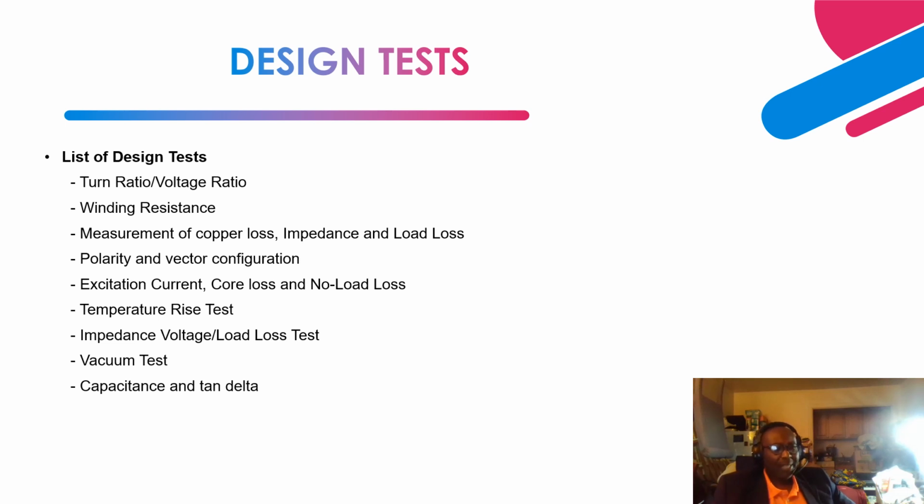Next is capacitance and tan delta testing. Okay, so as you know, the active component of the transformer is made up of insulations, right? You have the high voltage insulation, the low voltage insulation, and insulation between the high voltage and the low voltage, right?